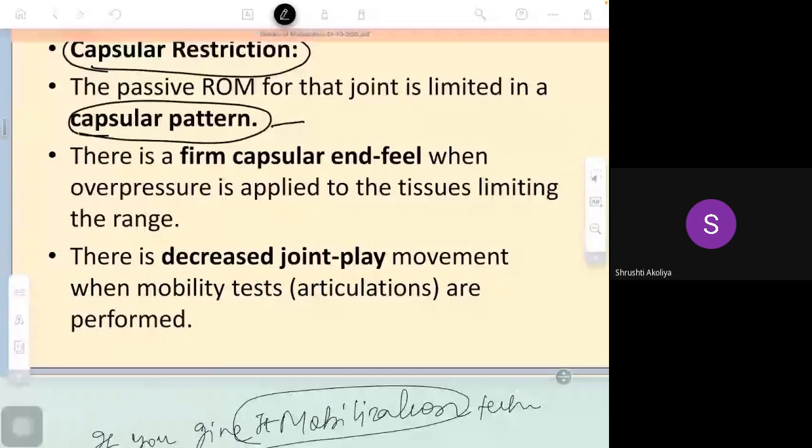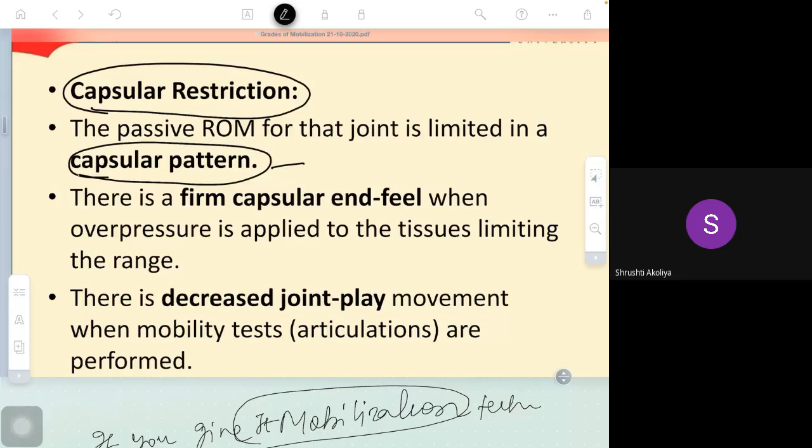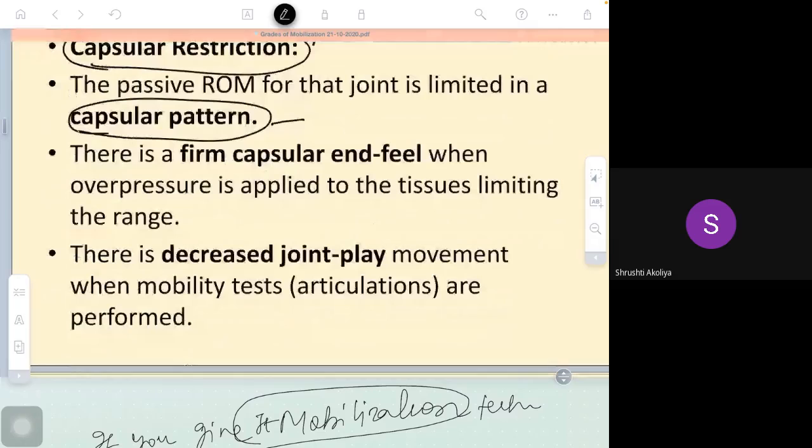So each and every joint has a different capsular pattern. Clear? So before proceeding with mobilization, you should know the capsular pattern of each and every joint. Then there is a firm capsular end feel. So these are called capsular restriction. The joint should have a firm capsular end feel.